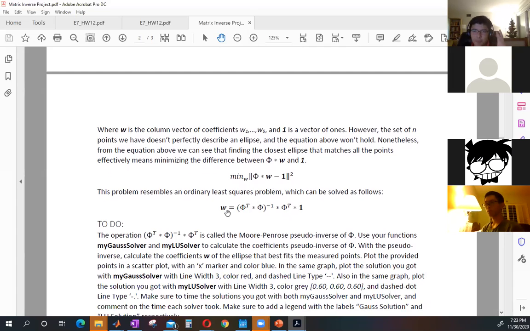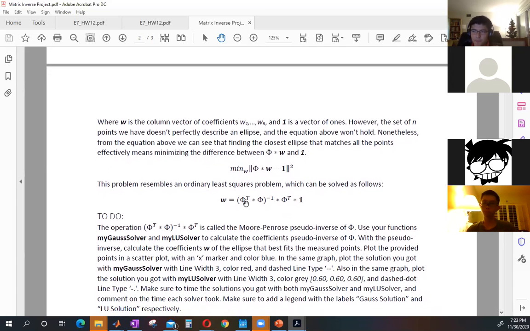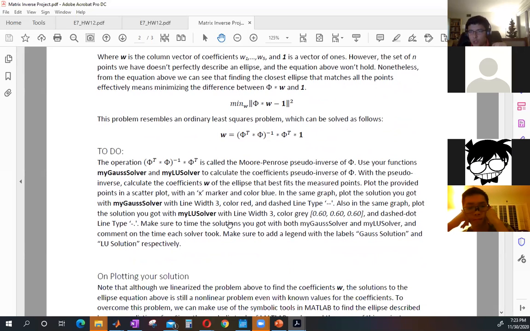The best W is the one described here: phi transpose times phi, all that inverse, and we just developed two functions to calculate this inverse, times phi transpose, and that times the vector of ones. That will give us our W's. So that's the context of the application.